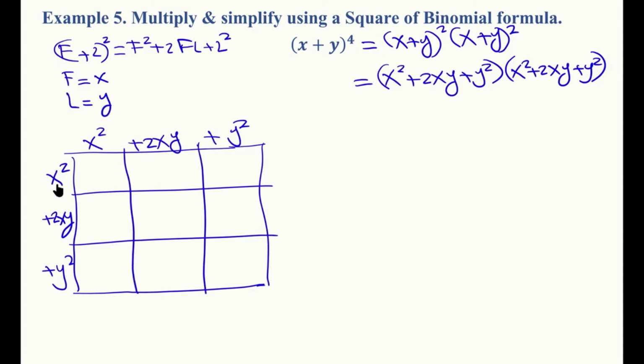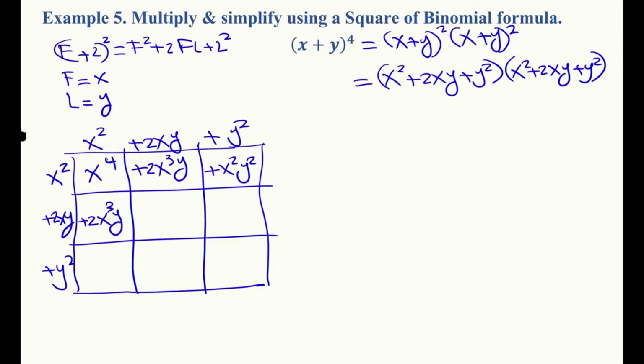All right, so x squared times x squared, that's going to be x to the 4. X squared times 2xy, that's going to be positive 2x cubed y. X squared times y squared, that's going to be positive x squared y squared. Here we have 2xy times x squared, so that's going to be positive 2x cubed y.